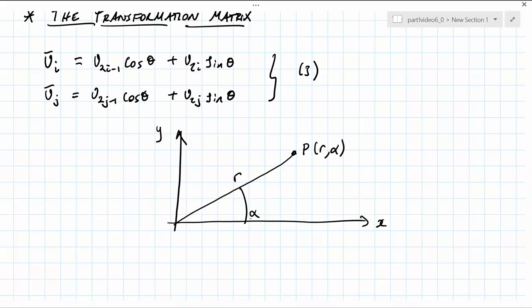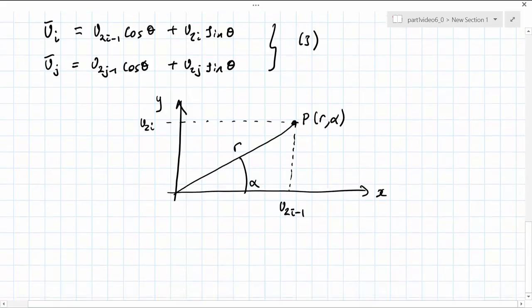We now project point P onto the x and y axes to get values for U2I minus 1 and U2I. U2I minus 1 is our horizontal component, and U2I is our vertical component.